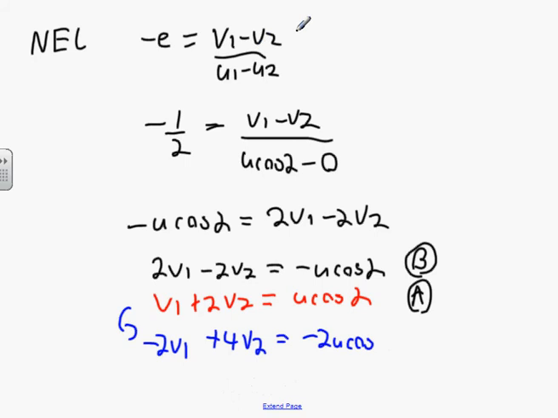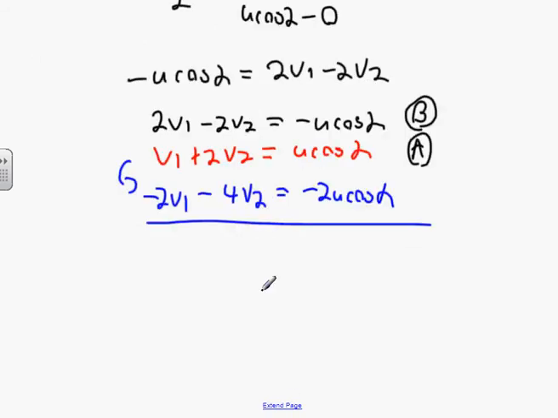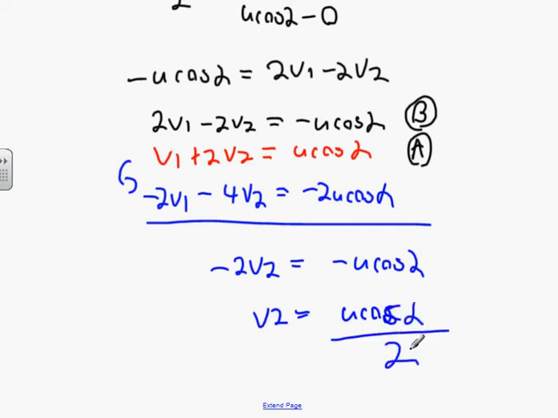Ah, you're right, minus 4v2. So that makes it minus 2v2 equals minus u cos alpha divided by 2, so v2 equals u cos alpha all over 2.